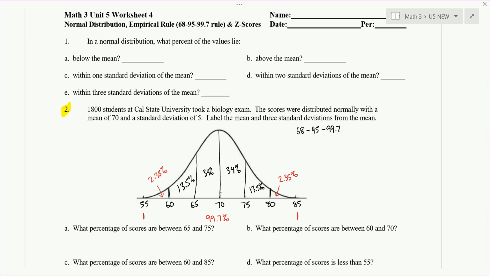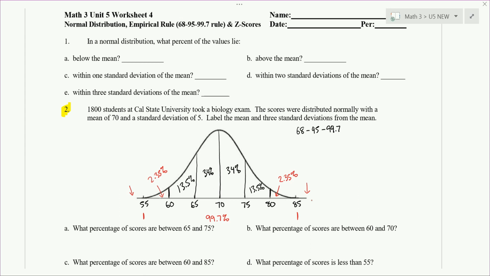But there is a little bit on the left of the 55 and to the right of the 85, because we've only covered 99.7 when in fact there's 100% of the data to account for.